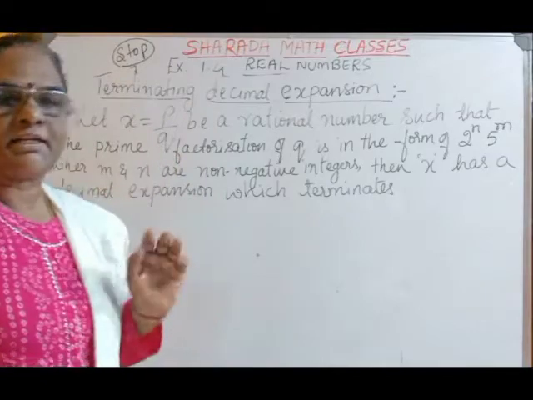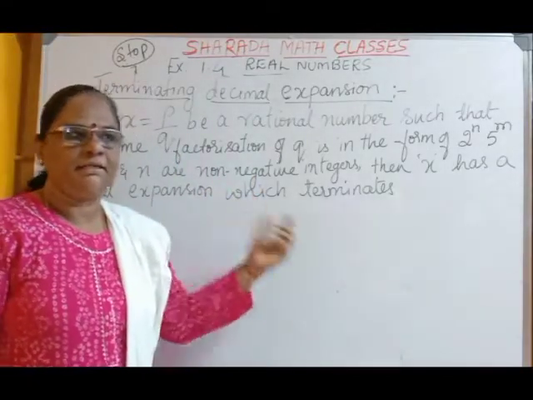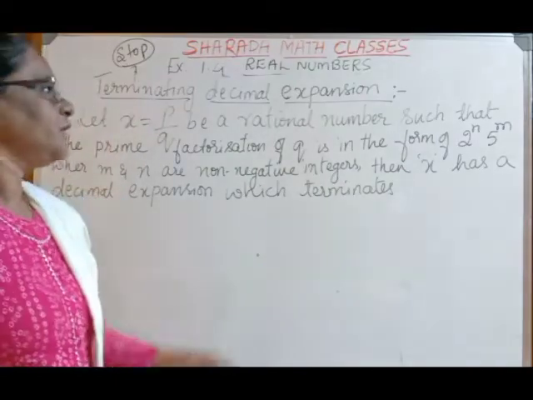So by seeing the rational number, how do you identify whether the given rational number is a terminating decimal expansion or a non-terminating decimal expansion?